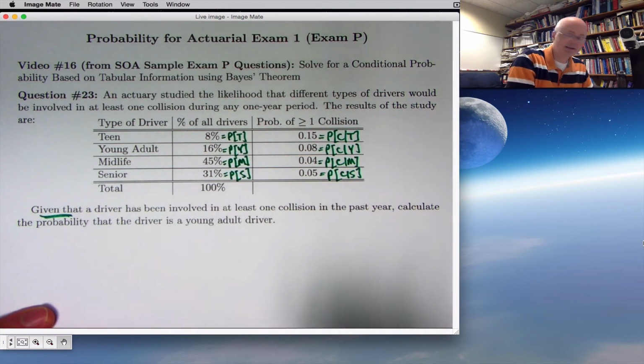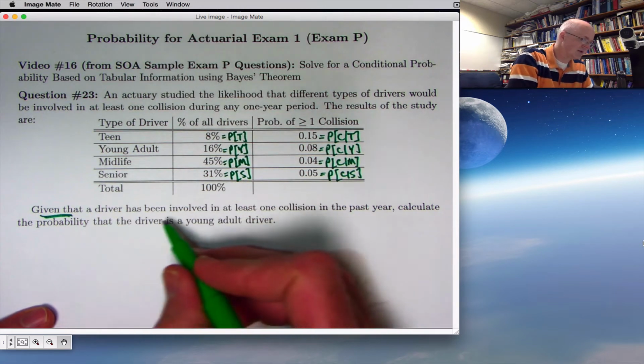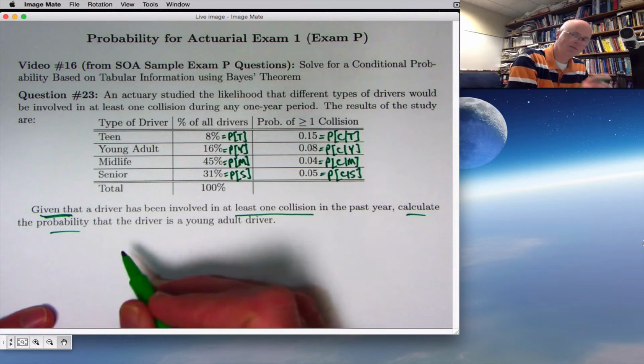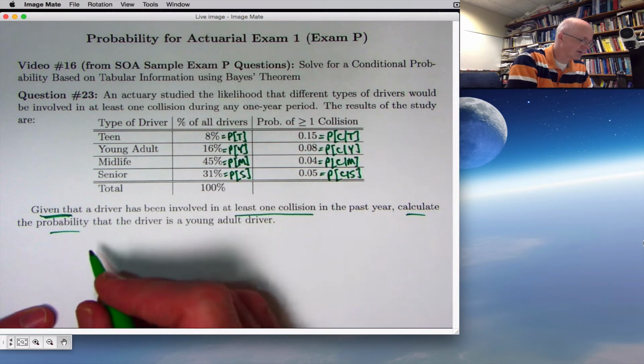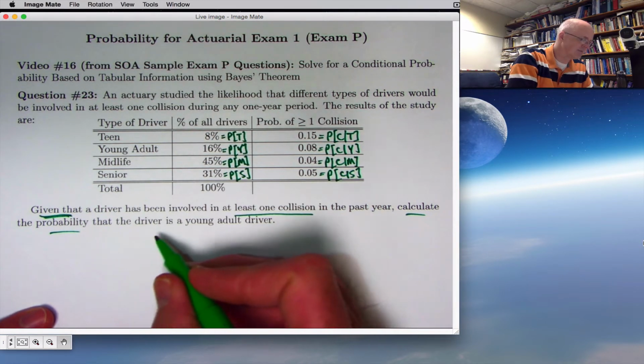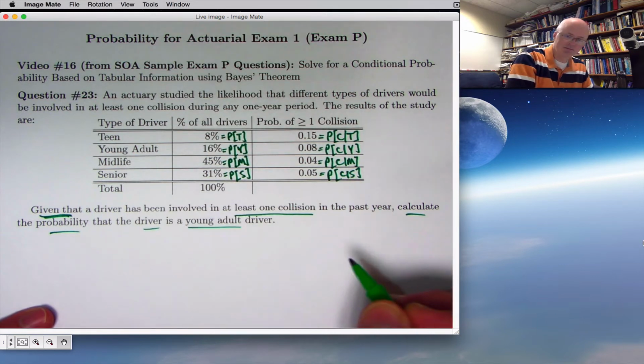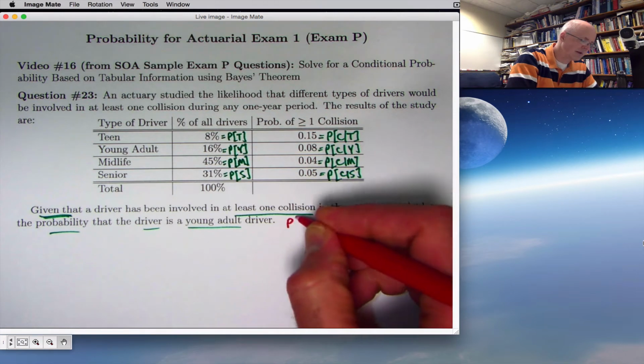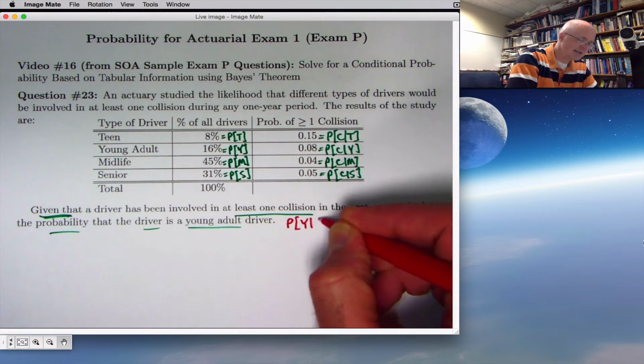Given that, that's a big hint. Look for those kind of words. Given that a driver has been involved in at least one collision in the past year, calculate the probability, even though you don't see the word conditional probability in there, that is going to be conditional, that the driver is a young adult. Okay? Notationally, we're trying to find the probability of Y given C.